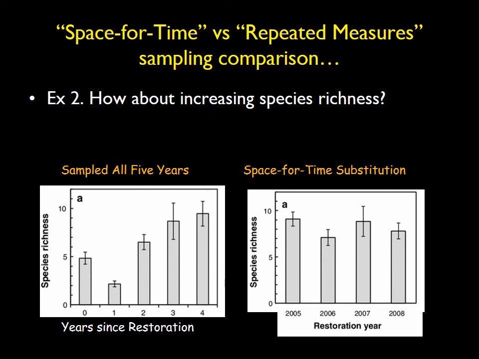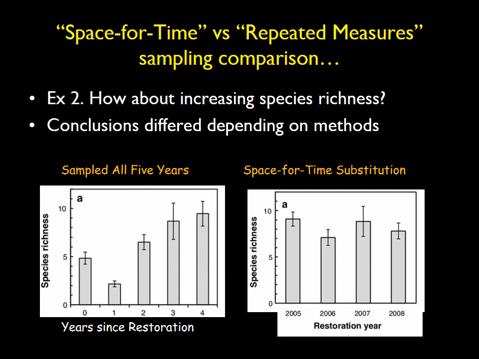And in fact, that was not significantly different statistically, whereas the trend over all 5 years was. So in this case, the conclusions about the effects of monitoring differ depending on what techniques were used.